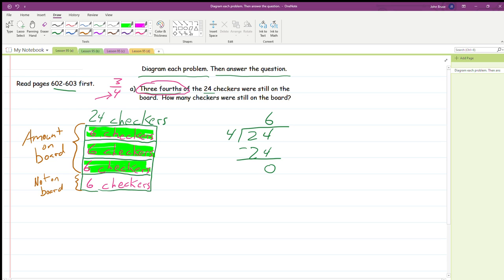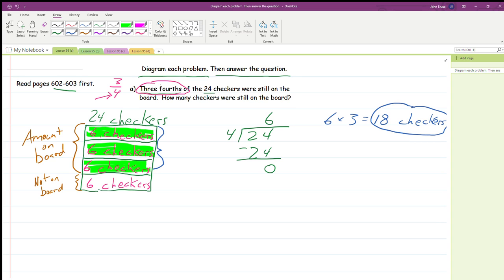So we need to figure out how many this is. So we could do 6 plus 6 plus 6, or I could just do 6 times 3, which is 18 checkers. So the answer to my problem is going to be 18 checkers.